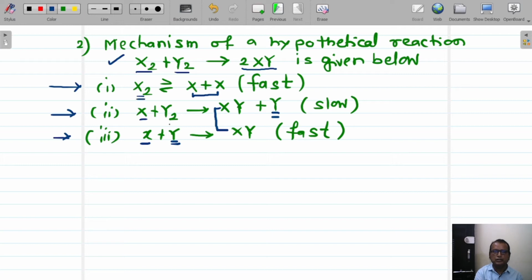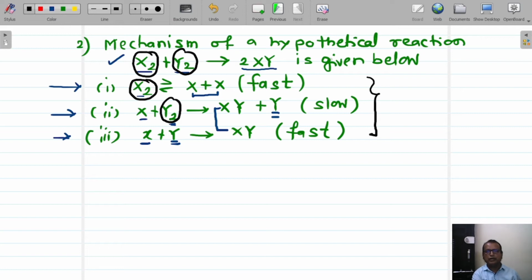X2 and Y2 remain. After adding these equations, the main reaction comes. These are elementary reactions.